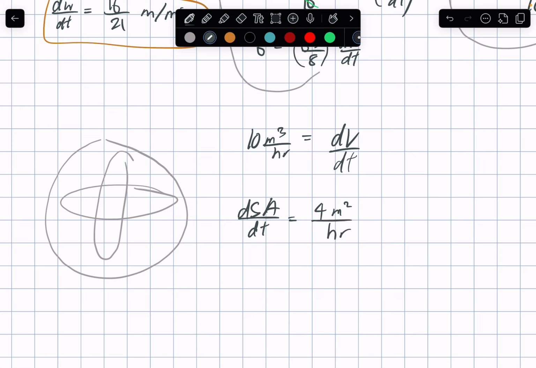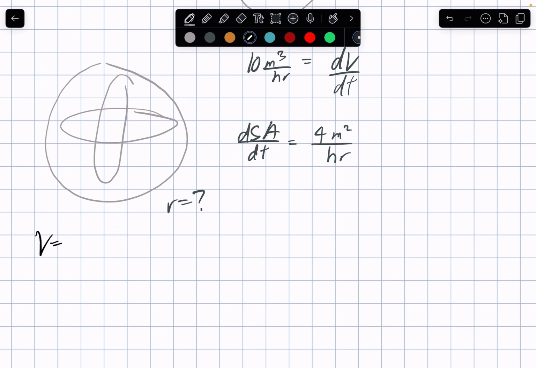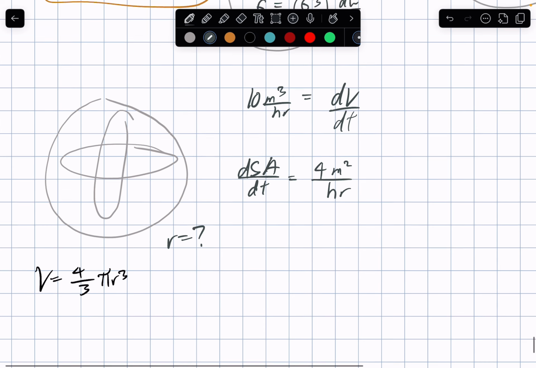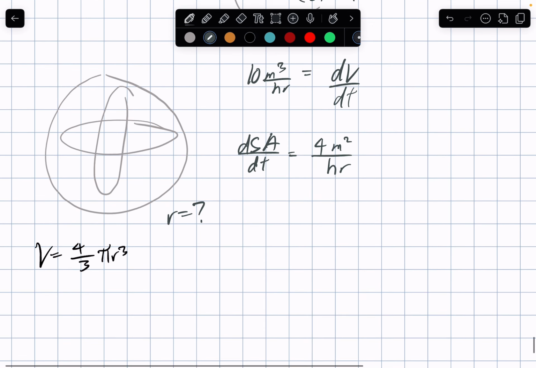What is the radius of the balloon? So the radius is what we are looking for. And the formula for a sphere's volume is 4 over 3 pi r cubed. Right? So also, the surface area of a sphere is what? So according to my answer key, it's 4 pi r squared.